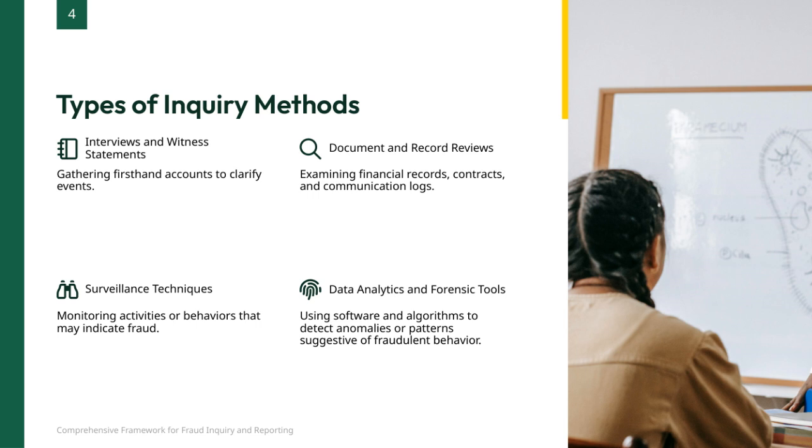Surveillance techniques also play a role, where we monitor activities or behaviors that might indicate fraudulent actions. Lastly, data analytics and forensic tools provide us with powerful technology, using software and algorithms to detect unusual patterns or anomalies that suggest fraudulent behavior. Each of these methods is vital in building a comprehensive and accurate understanding of the situation.